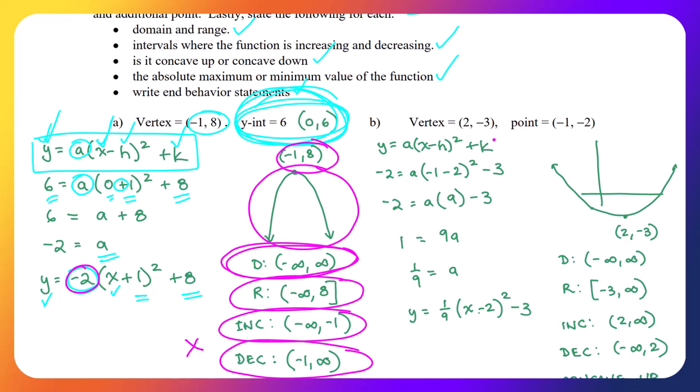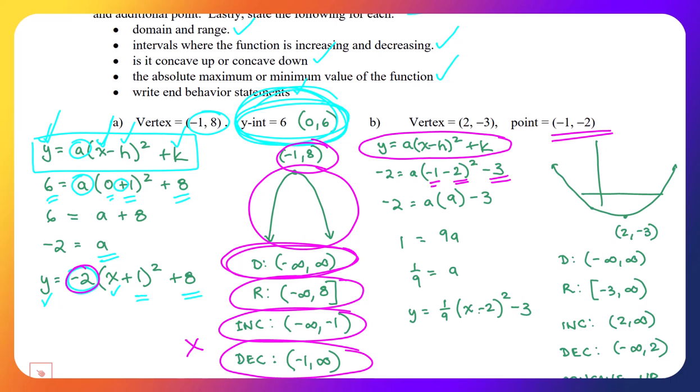This time, we're going to start with the blank vertex form, with nothing filled in yet. We're given the vertex, h, k, and now we're given an explicit point with the x, y.